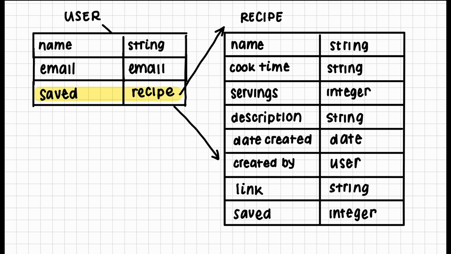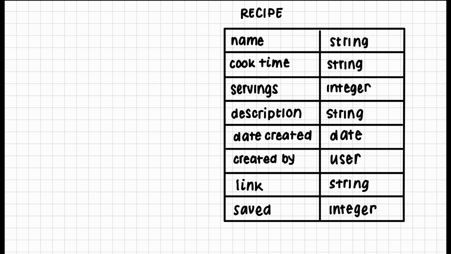Now we can really break apart the recipe, because that's what we're displaying and creating in this app. Even though it looks pretty complicated, this is actually a much simpler version. What this involves is the name of the recipe, say cheese pizza.